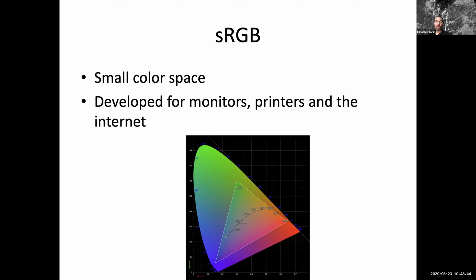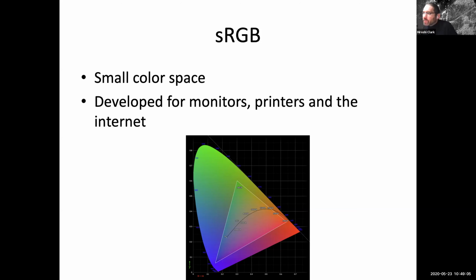It's a very small color space, but it's the one that we probably mostly use because it is so small, and everybody's monitor, everybody's phone, everybody's little printers at home can all render sRGB colors.